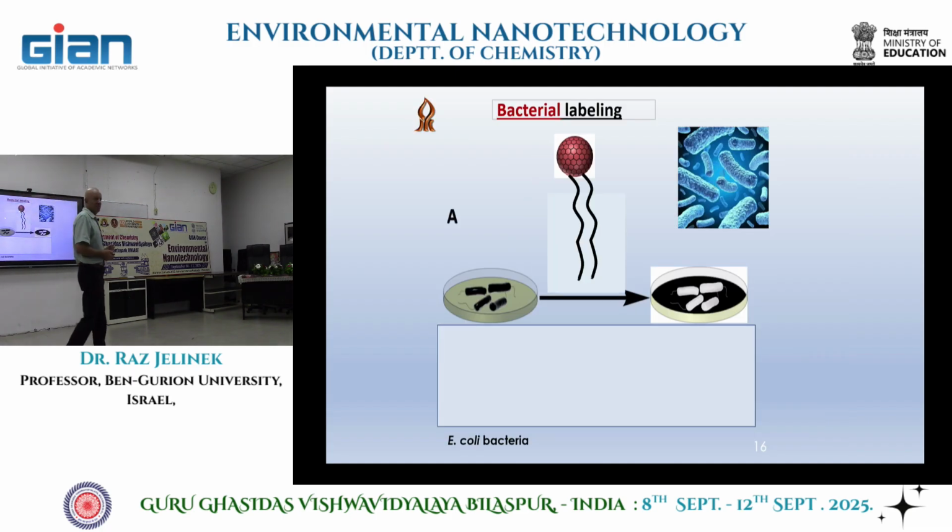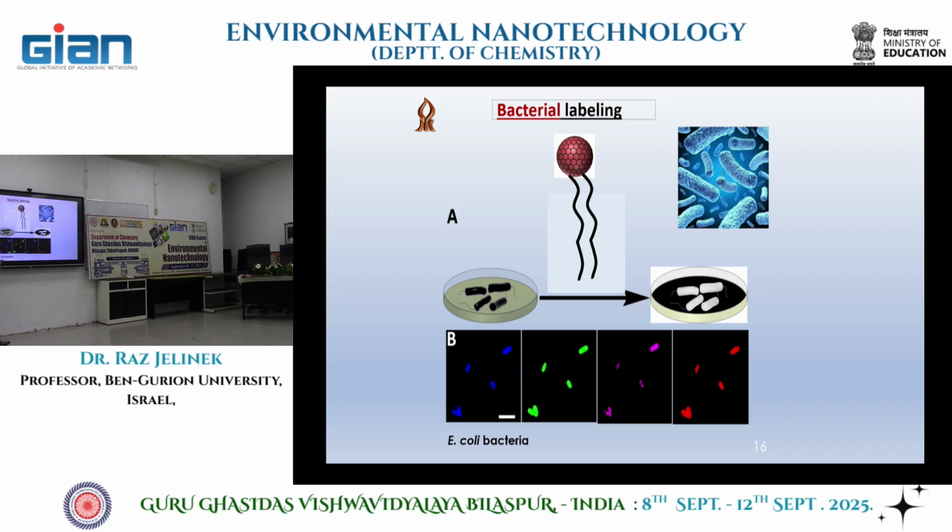So let's see what happens. In this case, we use E. coli bacteria, which is also a gram-negative type of bacteria. We added the carbon dots with the aminoguanidine, and this is what we get.